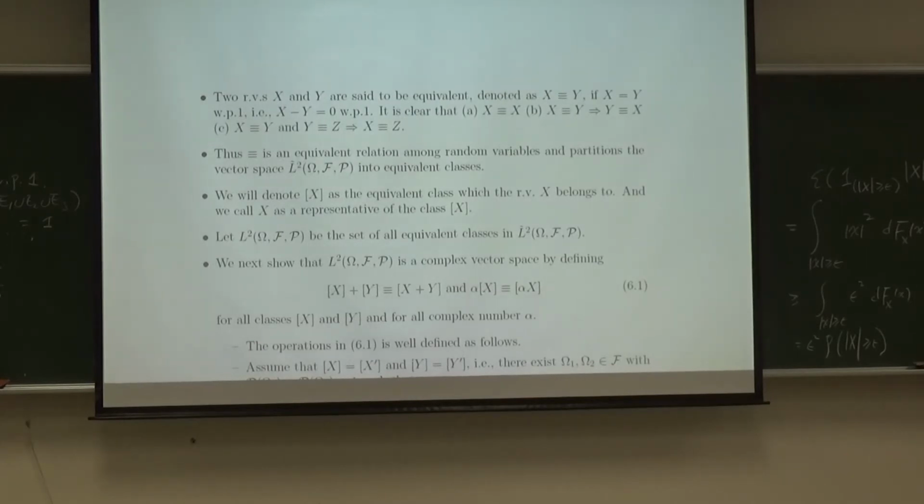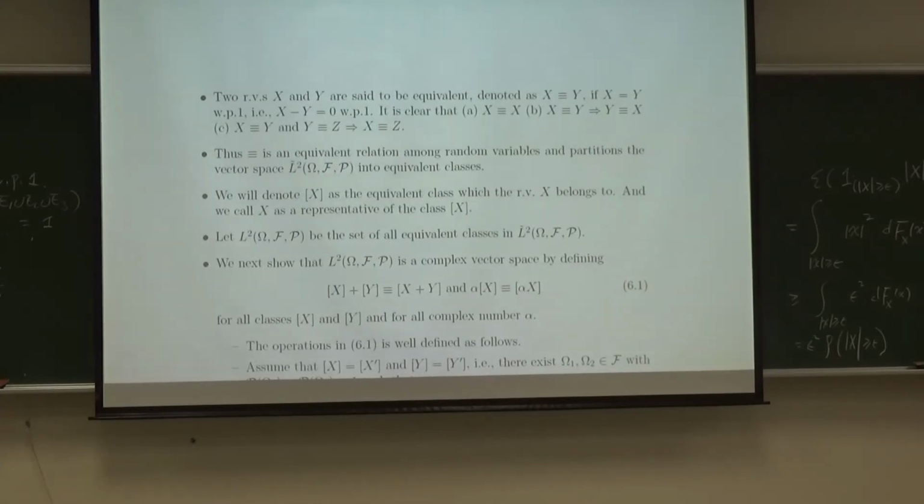Now the L squared without the tilde will be the set of all equivalence classes. So each vector in L2 is actually an equivalence class. It represents a class of random variables that have the same distribution. So we allow this ambiguity.